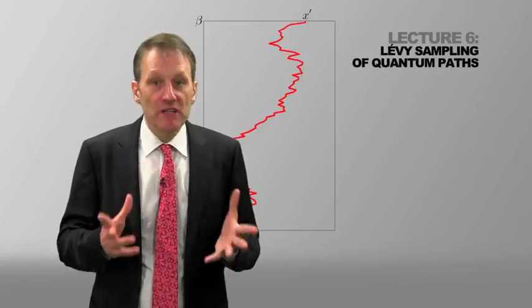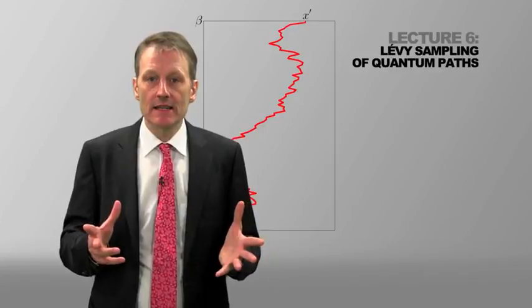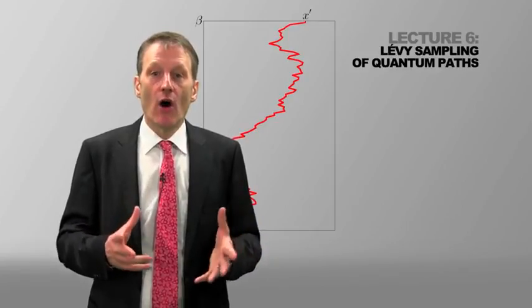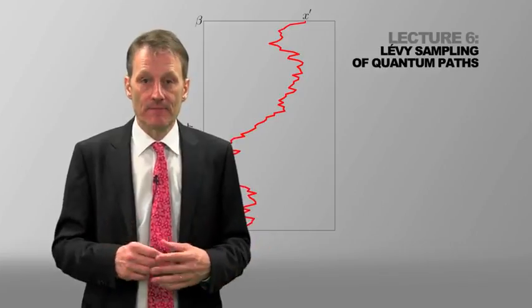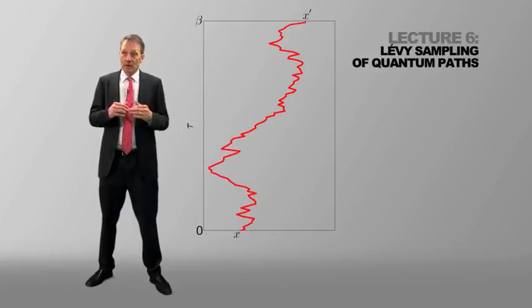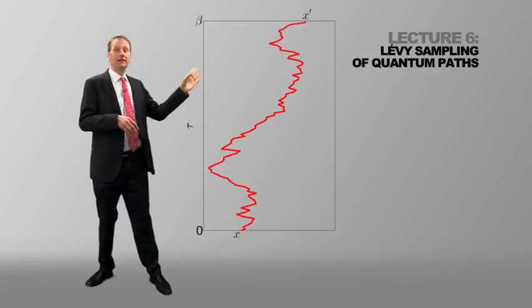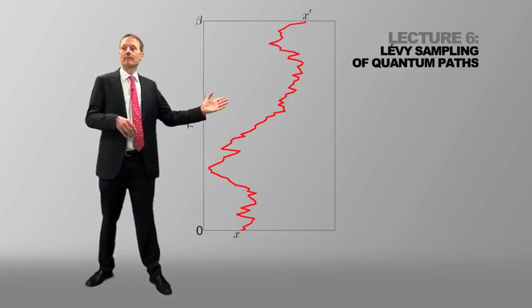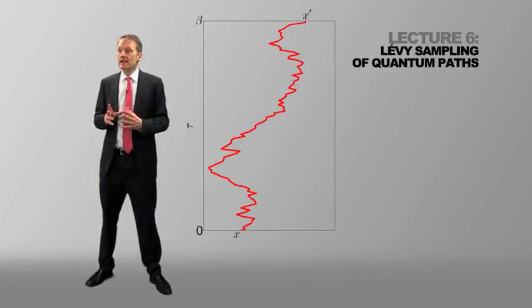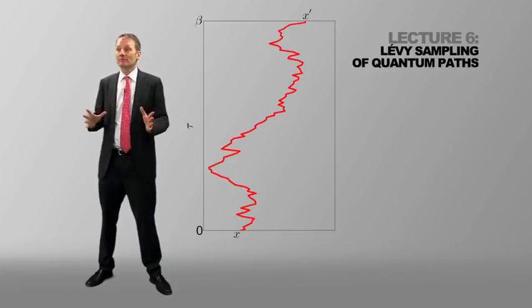The path you see here illustrates the Heisenberg uncertainty principle, the founding principle of quantum mechanics, and one of the pillars of quantum statistical physics. At low temperature, large beta, the path fluctuates wildly, and this means that the particle position x is uncertain.